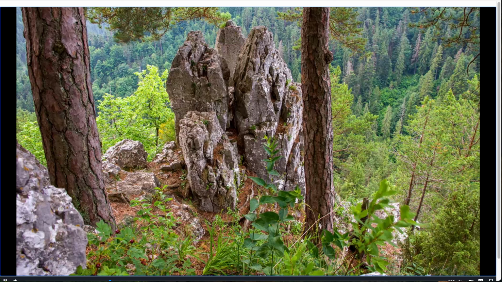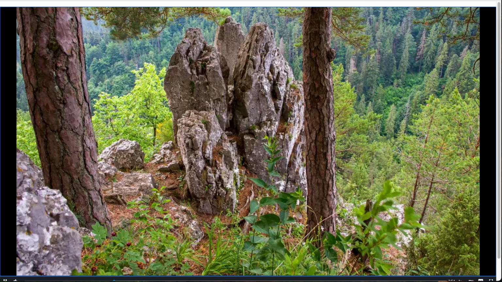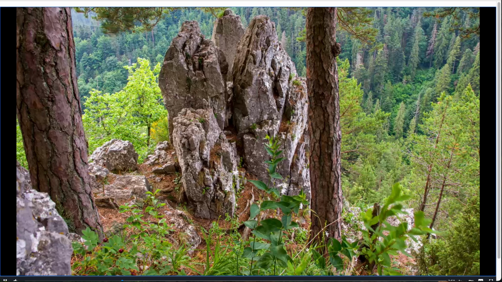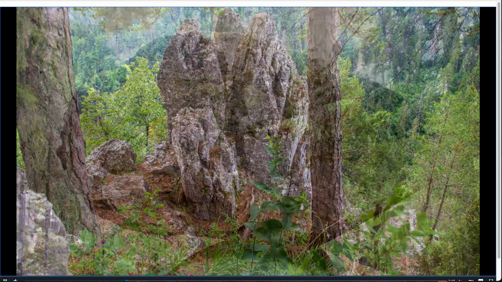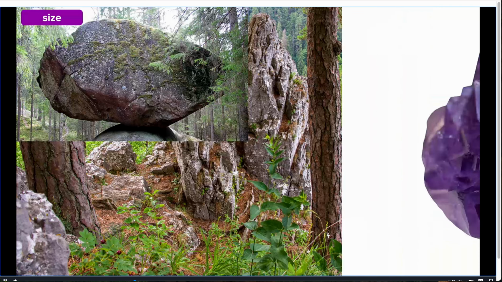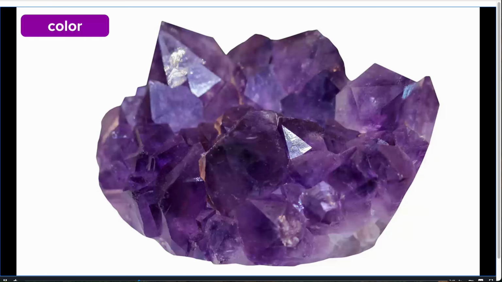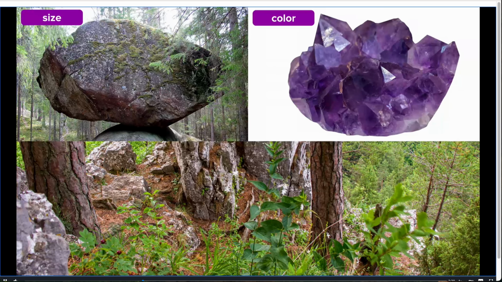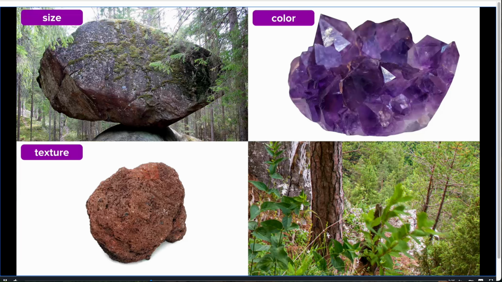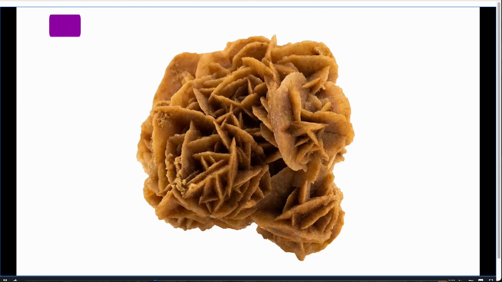A rock is a hard, non-living part of Earth. Each rock has properties. Some properties of rocks include size, color, texture, and shape.